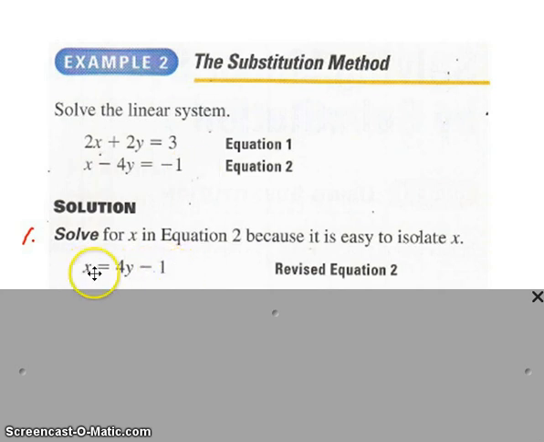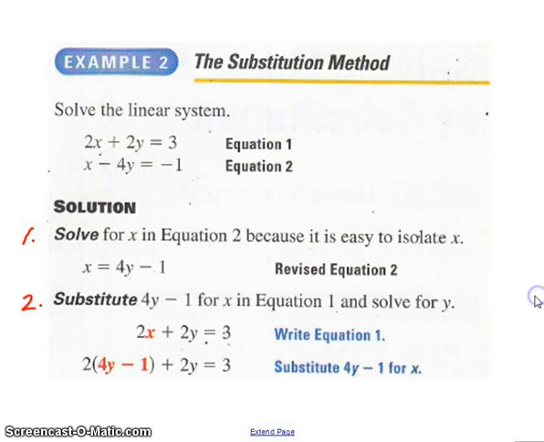That's how it got this statement at the end of step 1. Now for step 2, it put this 4y minus 1 in place of x in the other equation. In other words, instead of x, it said this stuff in this other equation. So 2 times not x, but all this stuff plus 2y becomes equal to 3.